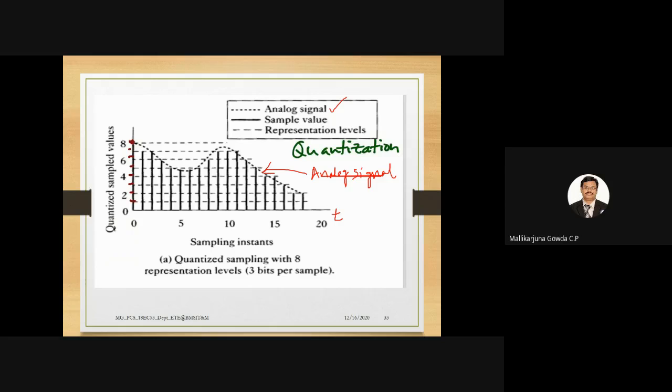Then see, this is my sample value, right? The thick vertical lines are the sample values. And then another dashed line will be my representation levels. So here I am representing them as 0, 2, 4, 6, 8 like that.